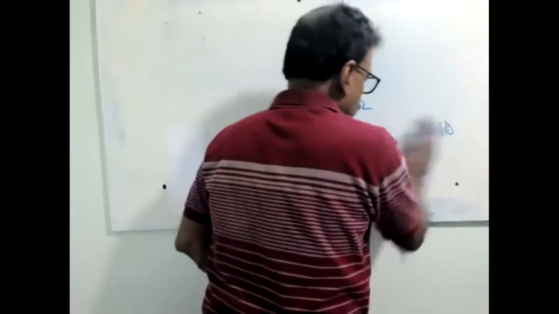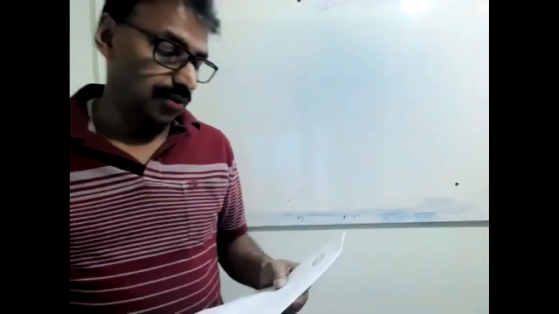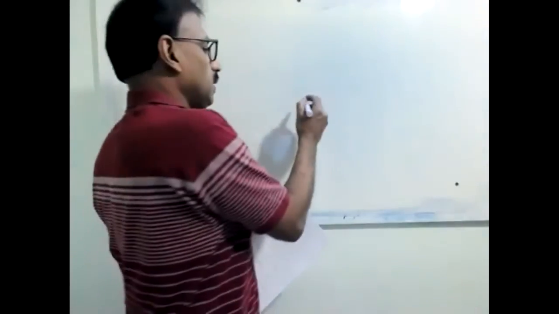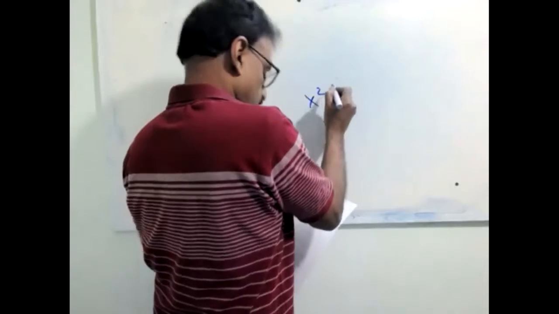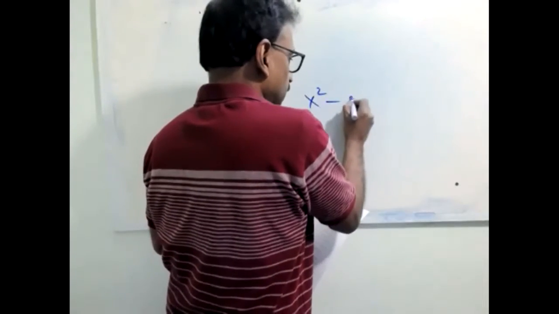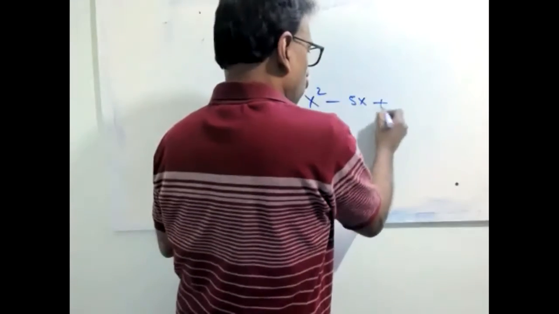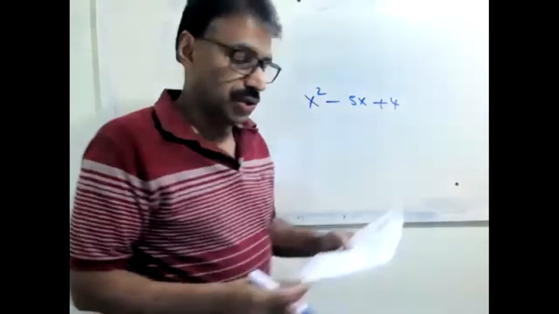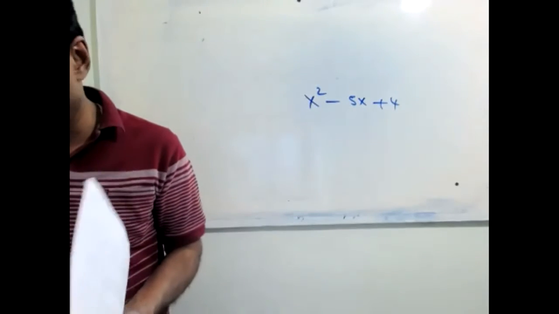Next question. What number should be added to the polynomial x square minus 5x plus 4, so that 3 is the zero of the polynomial?